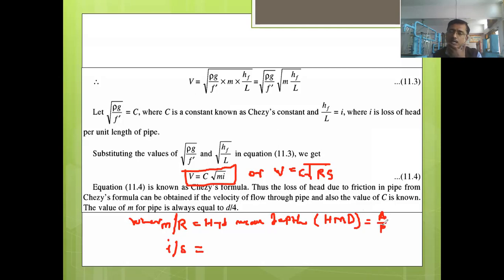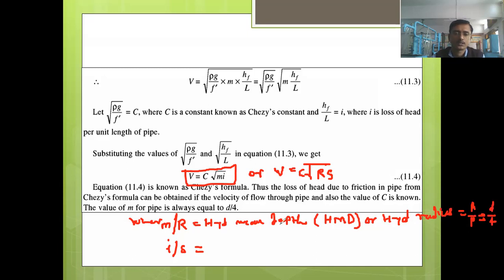M is equal to hydraulic mean depth, or hydraulic radius, which is equal to A by P, or is equal to D by 4.